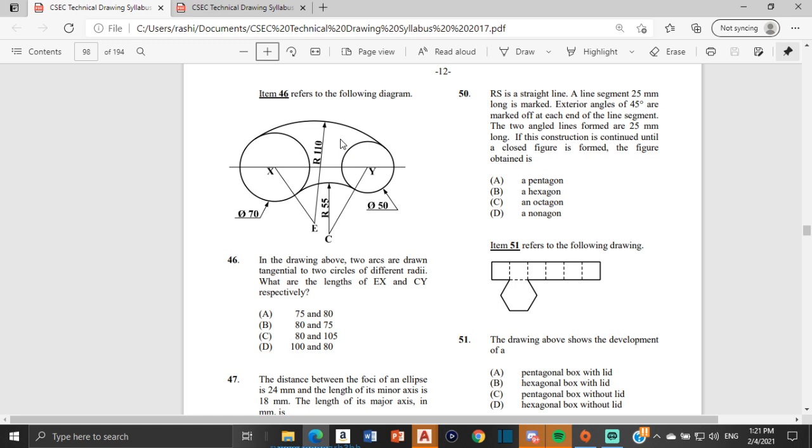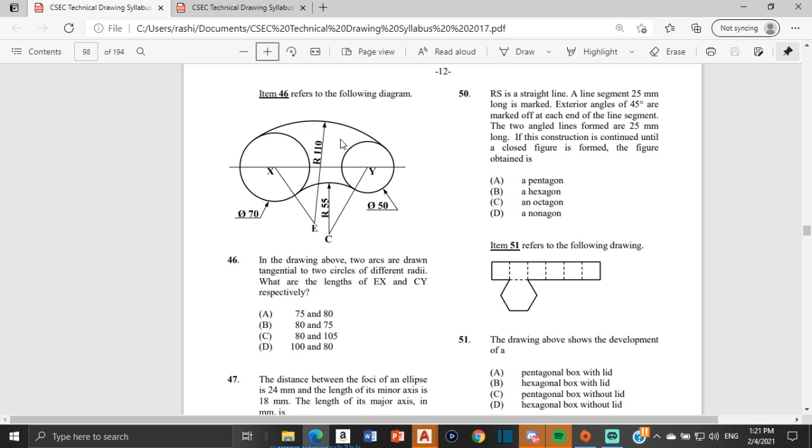And then for the next one, the arc is 55 and the circle has a diameter of 50. For that one, we're going to add 55 to the radius, which would be 25, since the diameter is 50, and that gives us 80. That's how we end up with 75 and 80 for EX and CY.